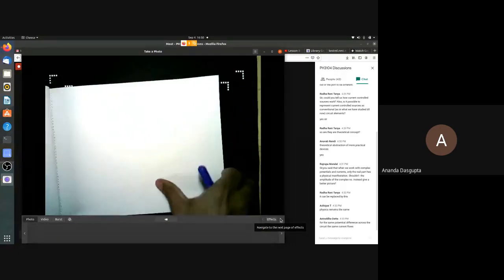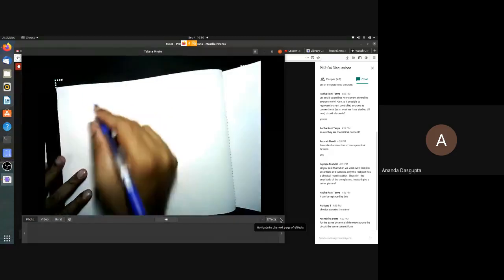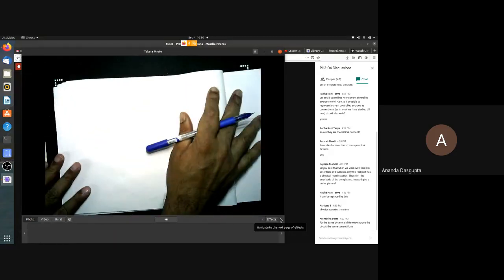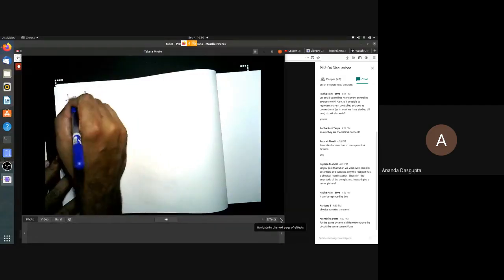That's one thing. And the other very, very important thing is this. Say, for the capacitor, for example, you want the capacitor energy. That's half C V squared, right?